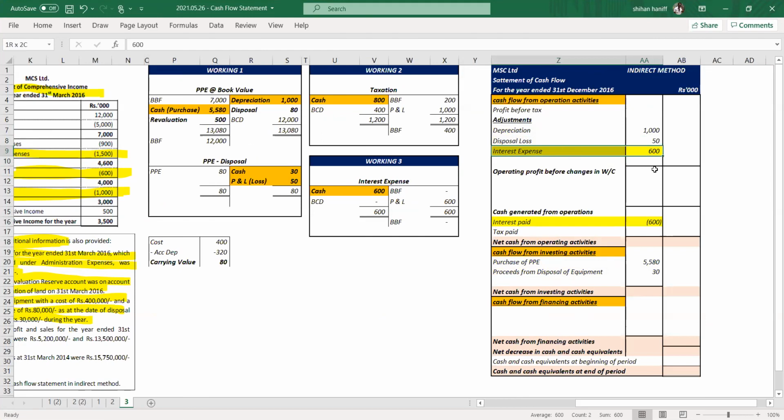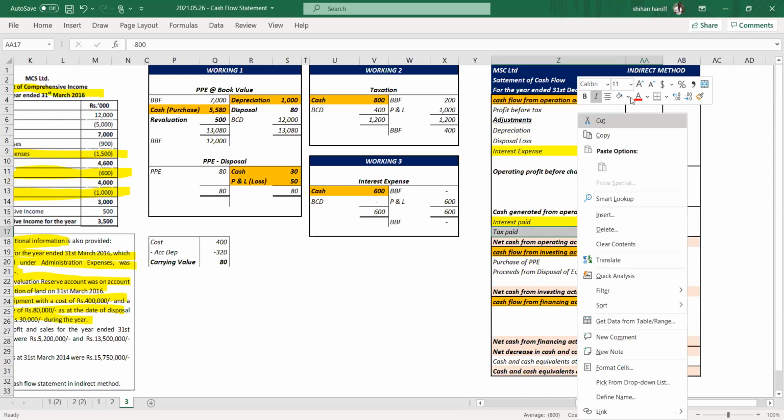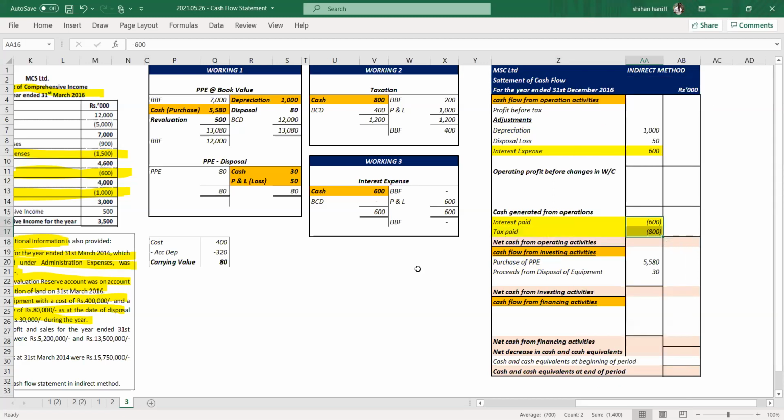Expense will be added, and then payment will be deducted. The tax paid we also calculated, it's minus. Interest paid 600, tax paid 800.